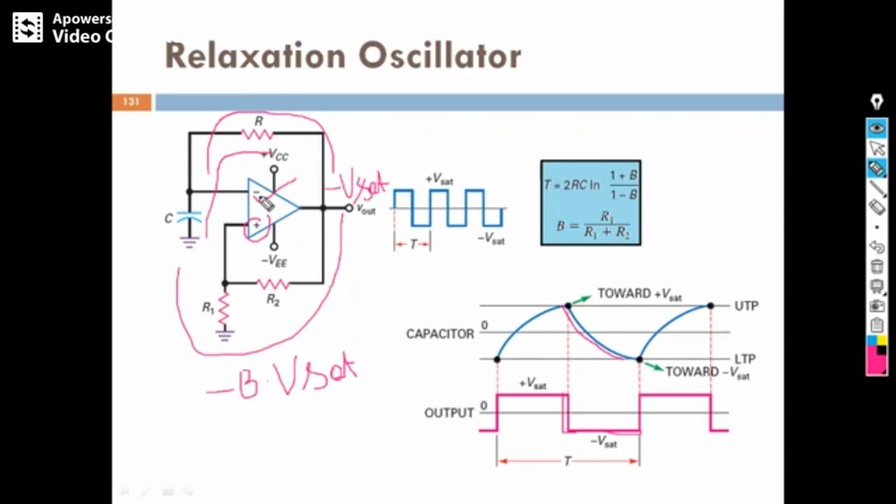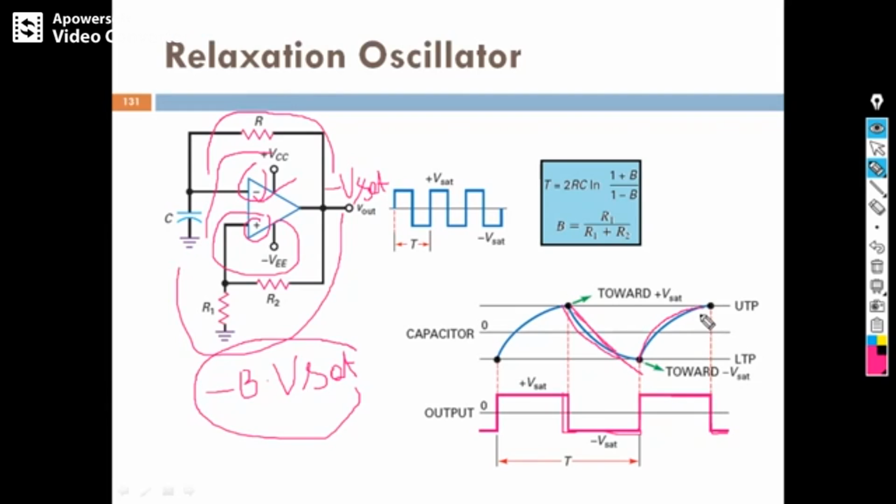When the capacitor discharges and its voltage goes below minus B Vsat, then the voltage here at the positive terminal becomes higher than the negative terminal. At that time the output will go to plus Vsat and the capacitor will try to charge in the positive way.